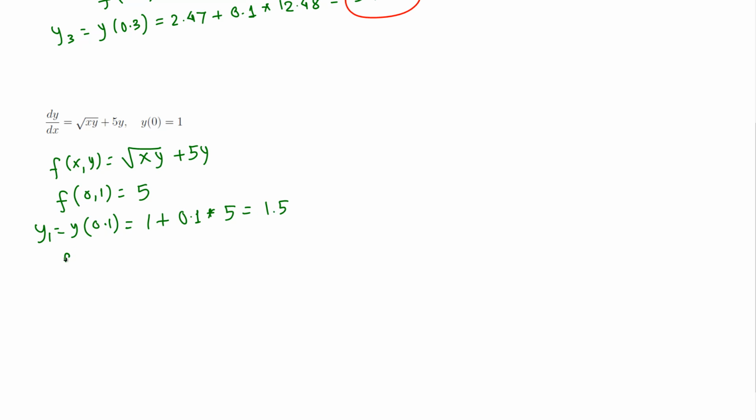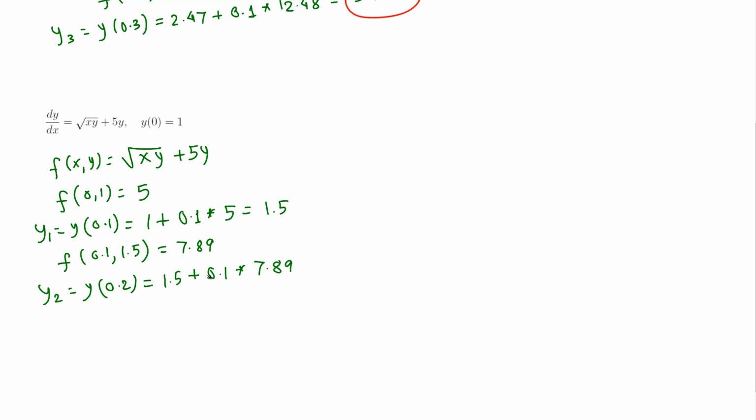Similarly, let's evaluate the slope at the previous point, now 0.1 comma 1.5. Plug x, y in here, square root of xy plus 5y, and you get 7.89 using your calculator. So y2, which is y at 0.2, is the previous point 1.5 plus step size 0.1 times the slope 7.89.